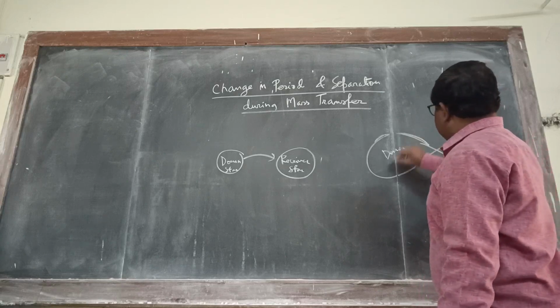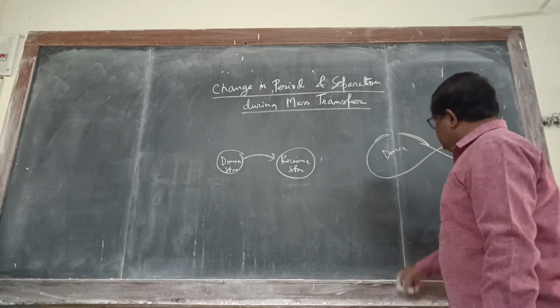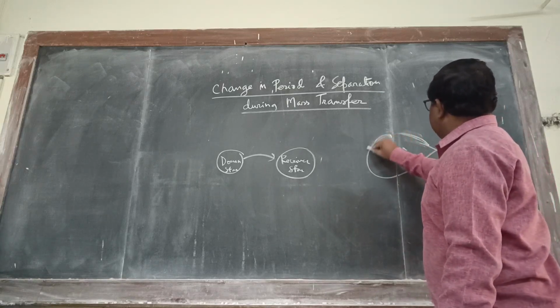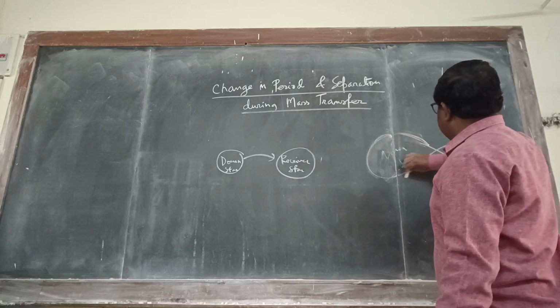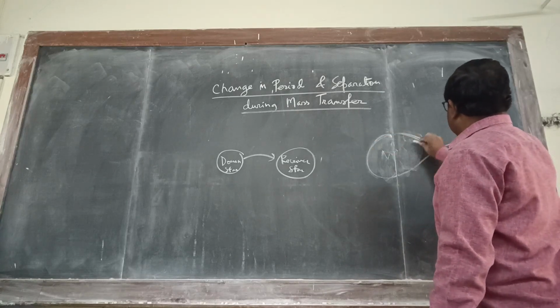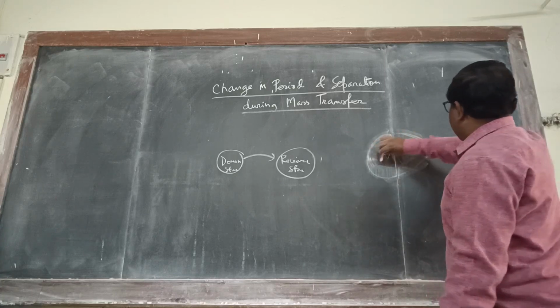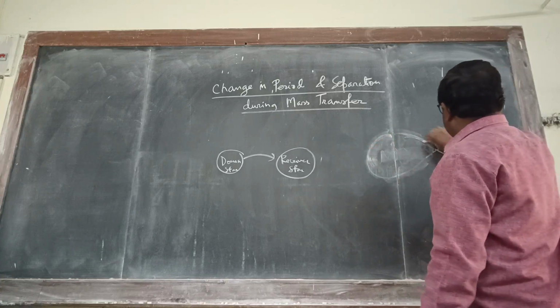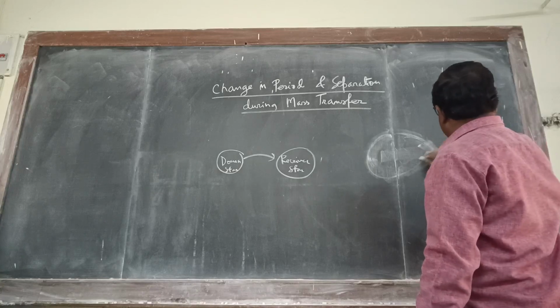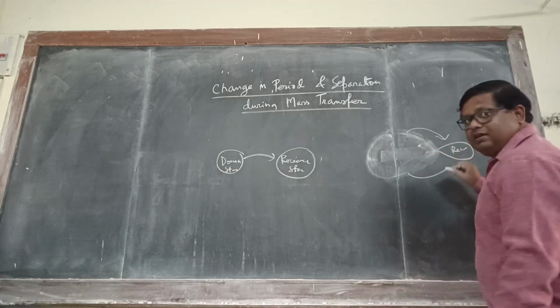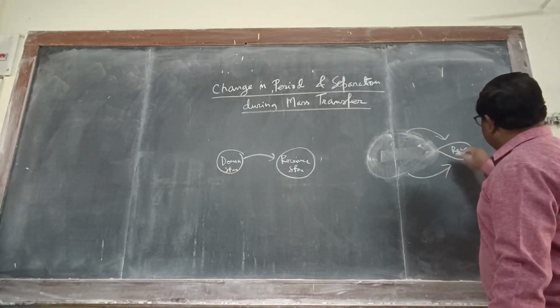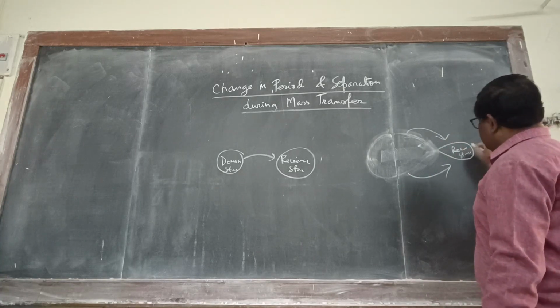If I say this is the donor star, then its Roche lobe must have been filled. And what will happen if the Roche lobe is filled? The spilled amount of mass will then get transferred to the receiver star.